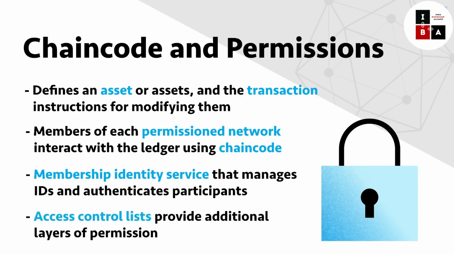Access control lists can be used to provide additional layers of permission through authorization of specific network operations. For example, a specific user ID could be permitted to invoke a chain code application, but be blocked from deploying new chain code. This permission network also assigns network roles by node types.